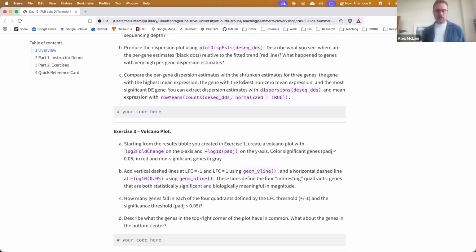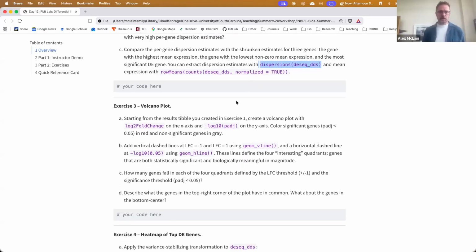Next, compare the per gene dispersion estimates with the shrunken estimates for 3 genes. The gene with the highest mean expression, the gene with the lowest non-zero mean expression, and the most significant DE gene. So you can extract the dispersion estimates from these, and we can get the mean expression from this right here. And I may add some code in the chat to help you out with this one.